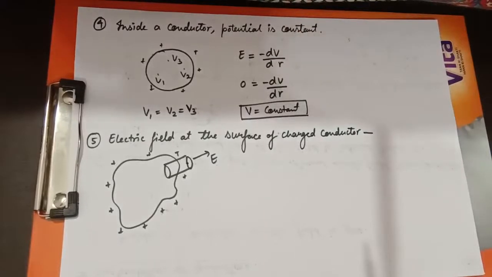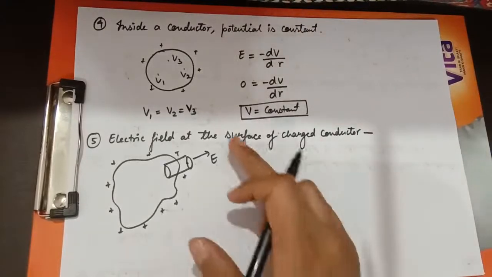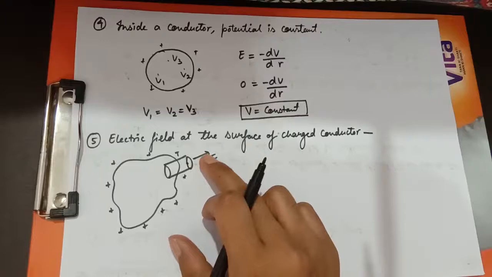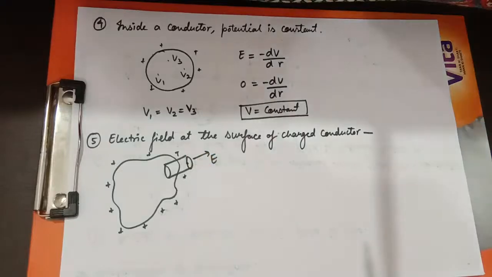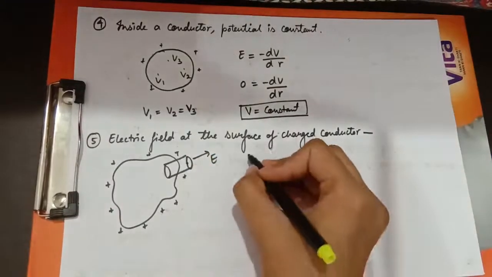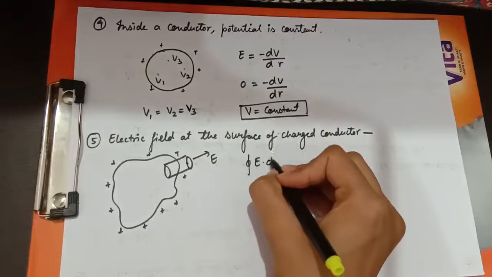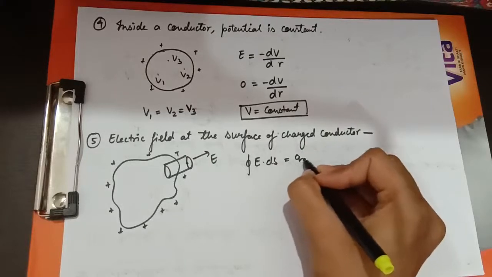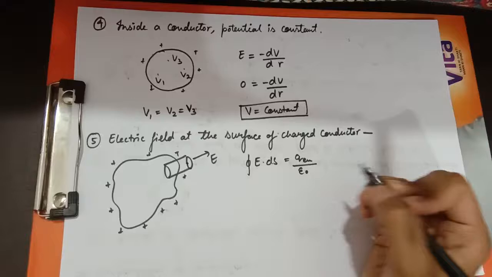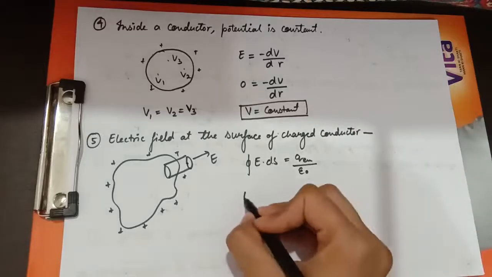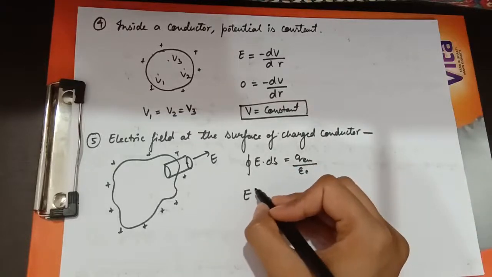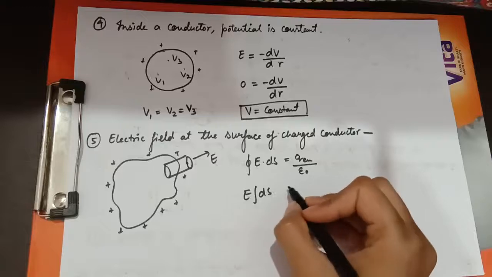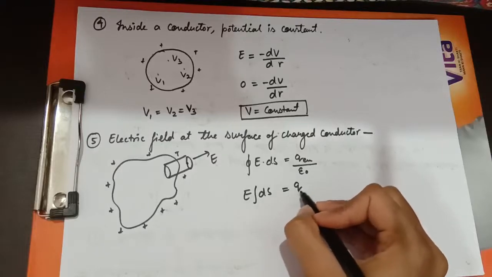So contribution is only from the outside circular cross section of the cylinder. As we know from Gauss's theorem, the integral of E dot dS is equal to Q enclosed divided by epsilon naught. Here in place of E dot dS, I will write E dS only, equals Q enclosed divided by epsilon naught.